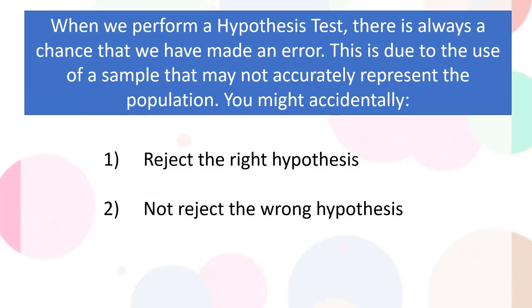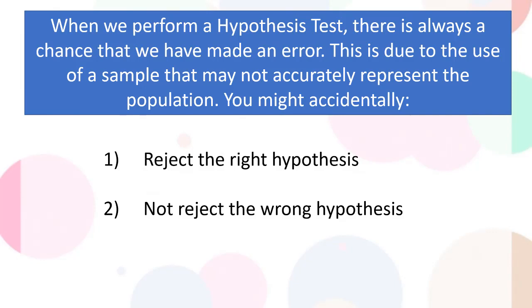So we might not reject the wrong hypothesis, because when we say that the chances that a sample would be this is very small, that means there's still a possibility, and we might actually get one of those samples that falls in that very unusual range, being outside of 3 standard deviations. Remember, outside of 2 standard deviations is unusual. Outside of 3 standard deviations is very unusual. So if we get one of those samples that's very unusual, we might make the wrong decision.